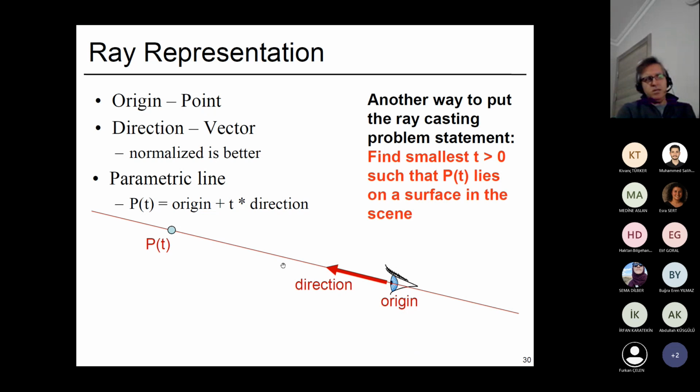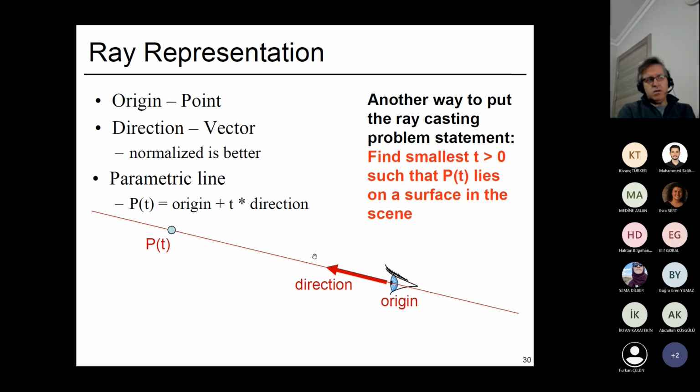Now, this type of representation is also good because we are going to do ray casting, right? So one object might hit this ray from here, and then another object might hit the ray from here. What we can do is parameterize the hit points for each object with t, just a single number. And then we are interested in the smallest of these numbers.